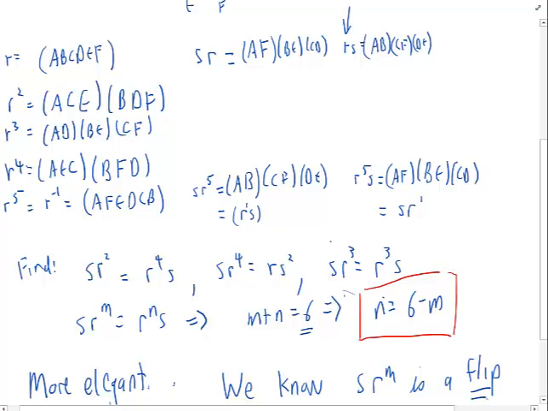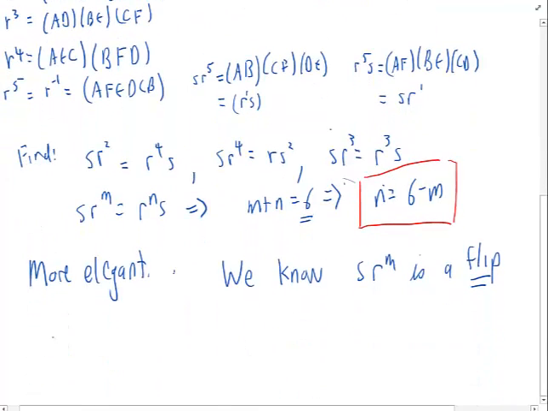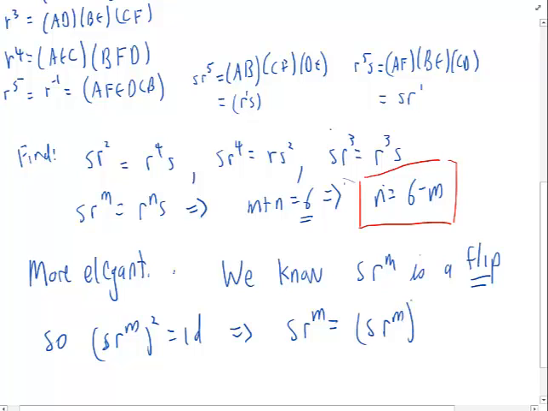Flip meaning reflection. Okay. So what does that mean? That means that sr to the m squared is equal to the identity. So that means that sr to the m is equal to sr to the m inverse. It's its own inverse.